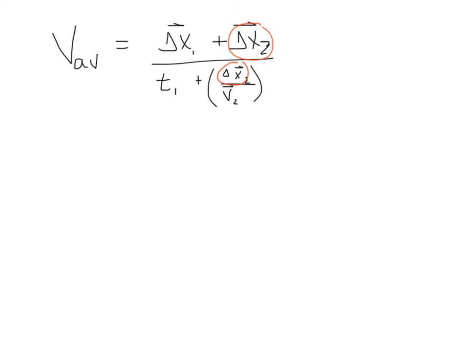All right, first thing I'm going to do is take all this mess down here in the denominator, and multiply it up, so we don't have this fraction over here. I'm going to multiply it up so that this whole T1 plus this fraction comes up and is multiplied by the average velocity on the left-hand side, okay? So it's going to look like this.